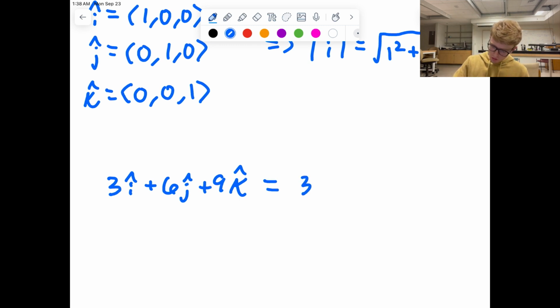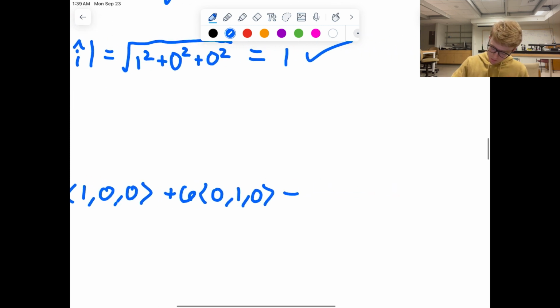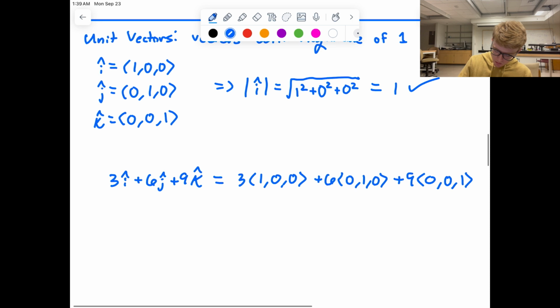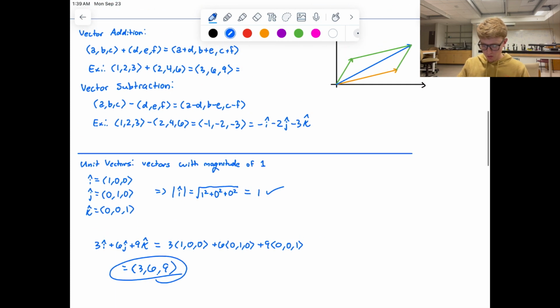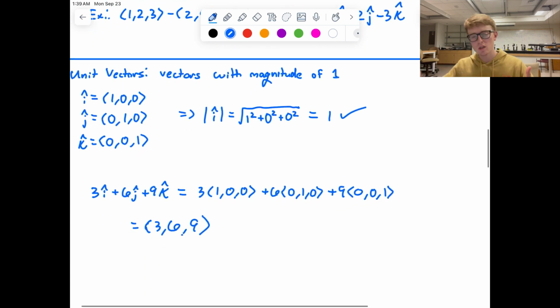So we're going to have 3 times I hat plus 6 times J hat plus 9 times K hat. And in this case, if we multiply all of this out, we get back to 3, 6, 9. So look at that. This value is the same as this value. So it checks out. That's how you can see explicitly that those two forms are equivalent.